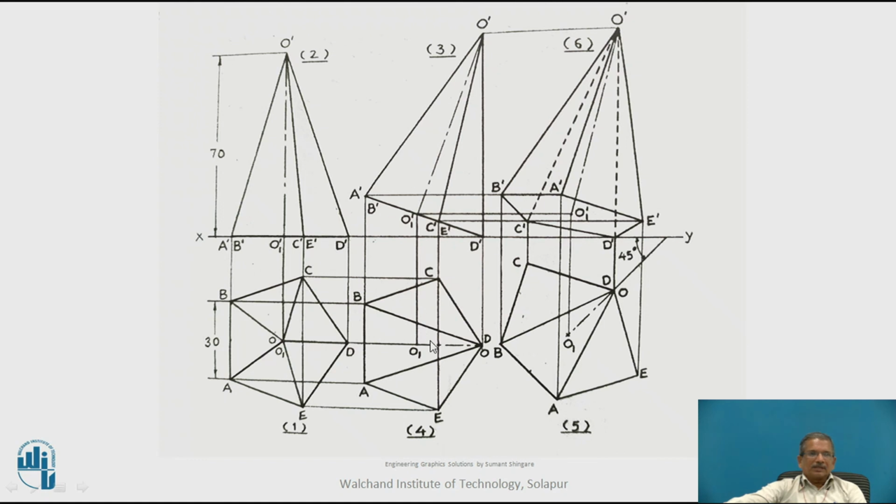The conditions related to HP we have completed in second stage and the conditions related to VP we have completed in the third stage. And now this is the final sketch where we have completed all the conditions, and as we have drawn these two dotted lines because these are away from the observer. So, this care you have to take.